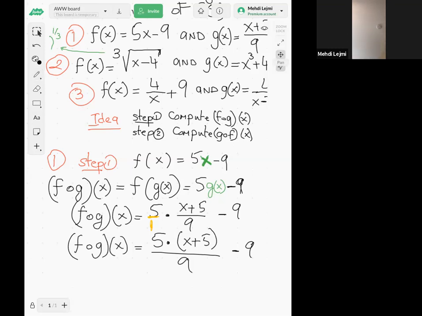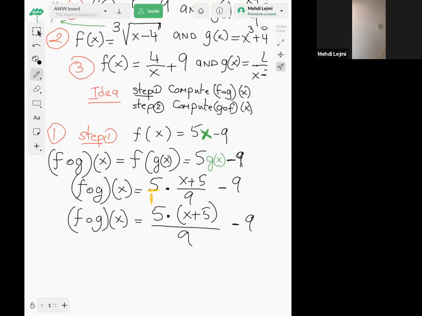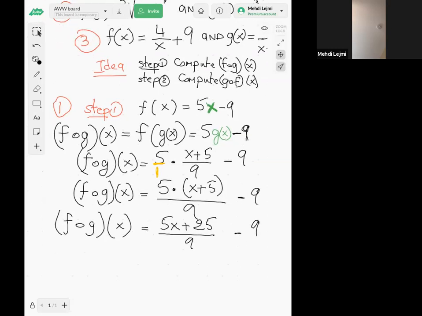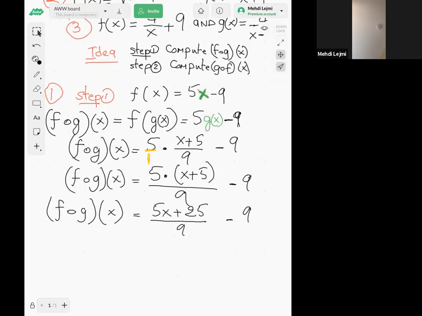So my f composed with g of x is 5 times x plus 5 times 5 is 25, over the whole thing over 9, and then there's this minus 9 here. Now I'm going to split the fraction into a sum of two fractions.